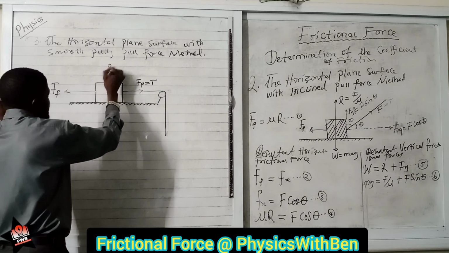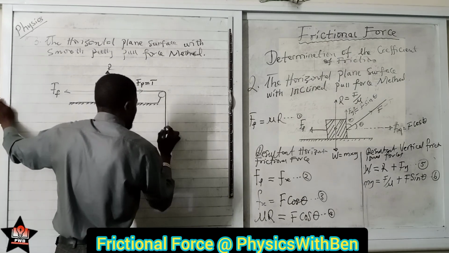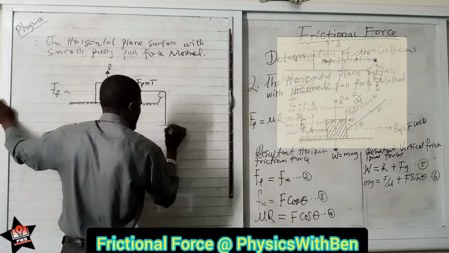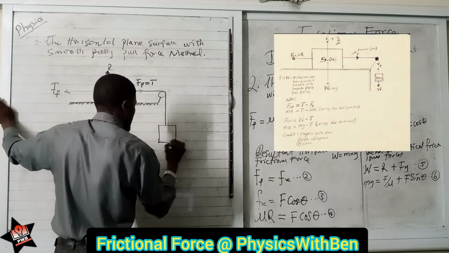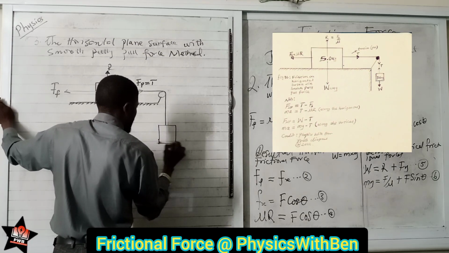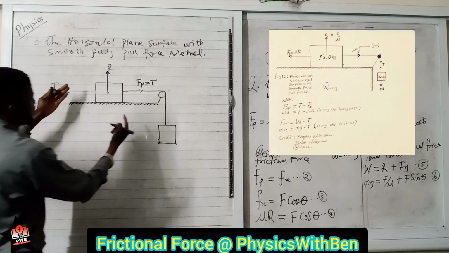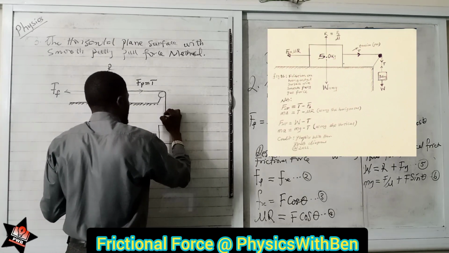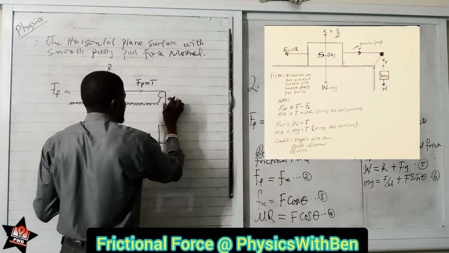Up here is my normal reaction. So if I attach some weight down here, the weight that will overcome this load and start sliding, there's going to be a tension created also here down and an arrow up here.